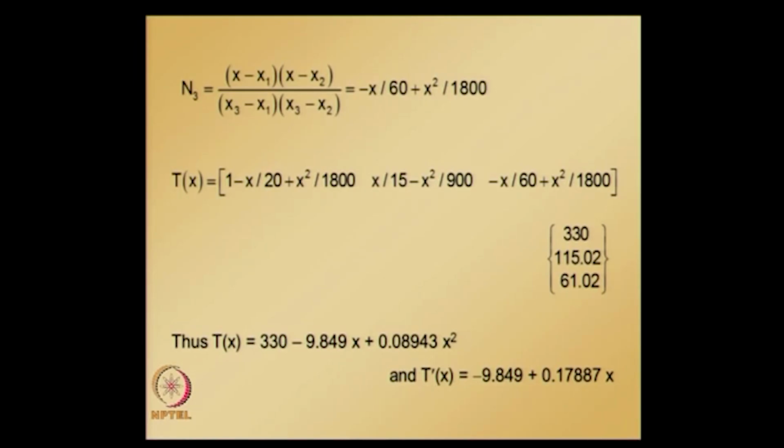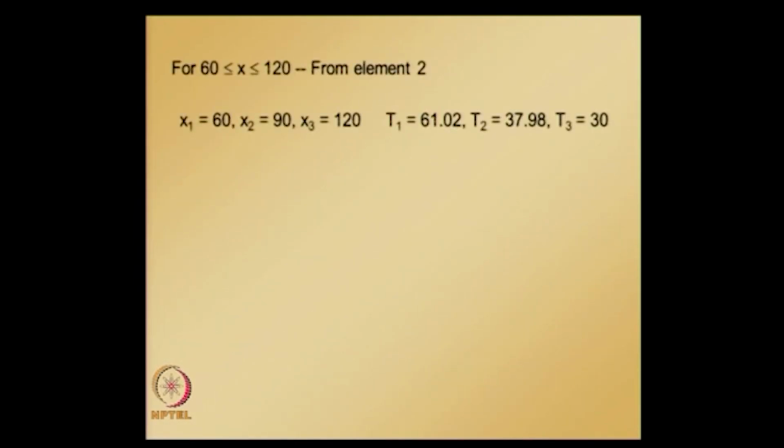Using temperatures at node 1, 2, 3, and for element 2, which goes from x equal to 60 to 120, the nodal coordinates of 3 nodes and the corresponding local temperatures at the nodes. Here temperatures are given in terms of local node numbering.